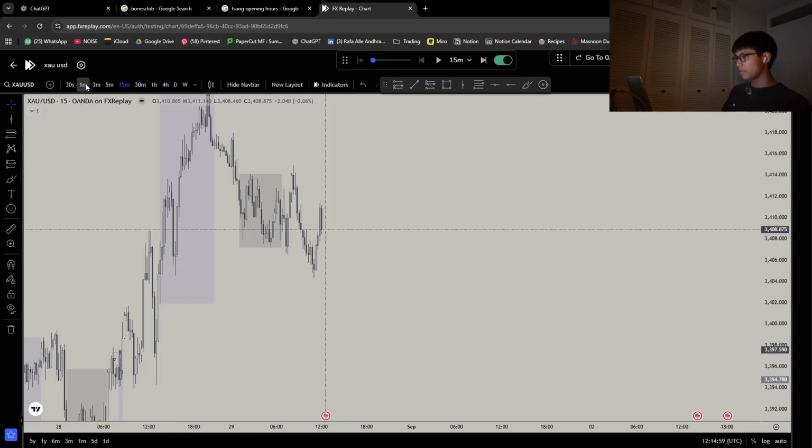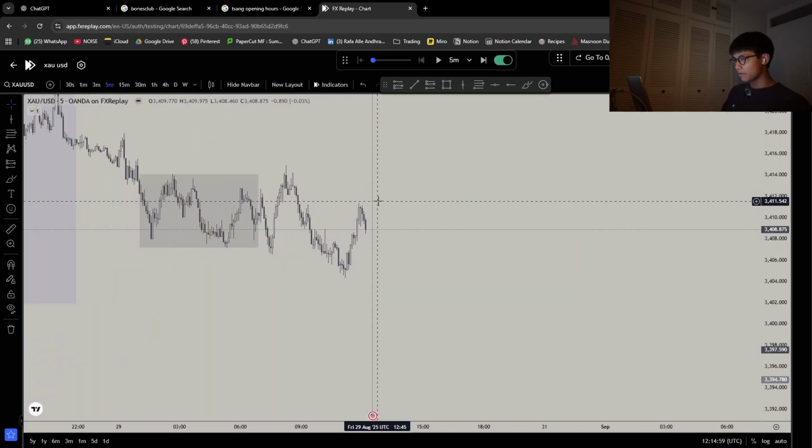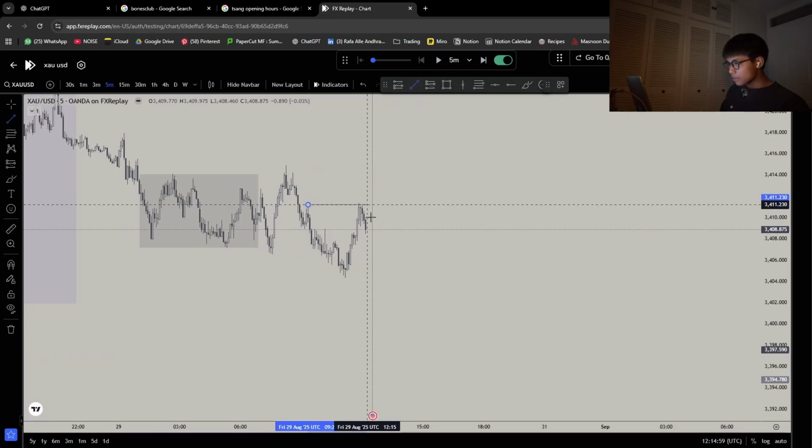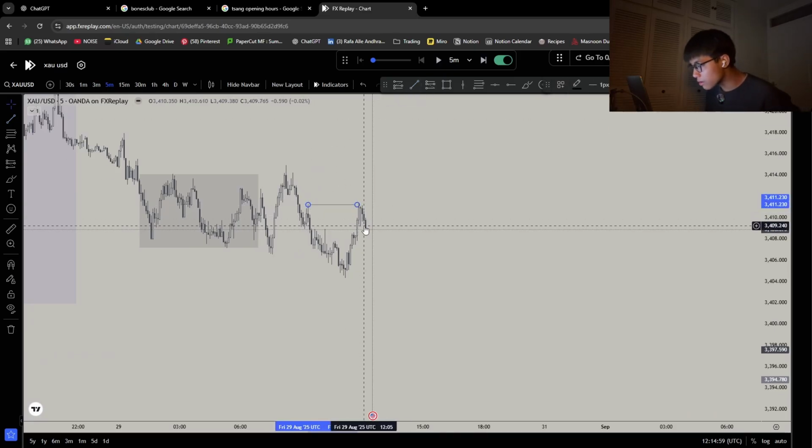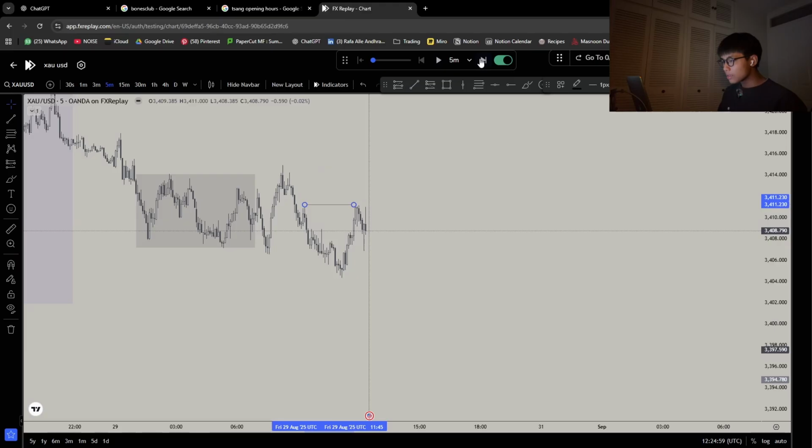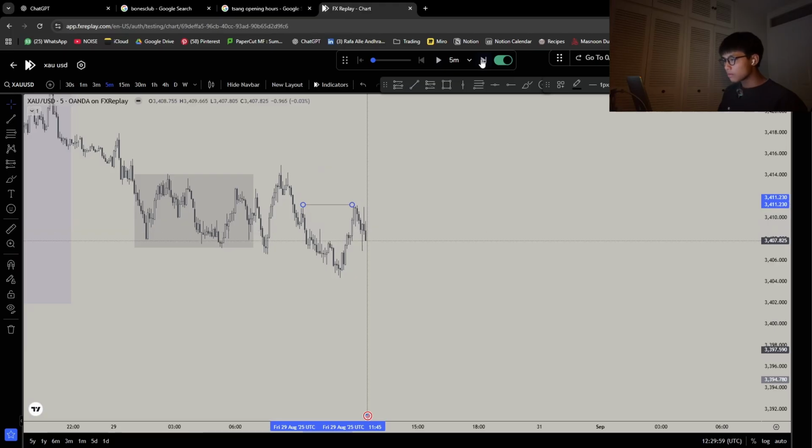We just had a sweep here on the 5.15 as well. No close. Oh, that's not in my zone. My kill zone of when I can trade is 12:30 until 1:30 UK time.